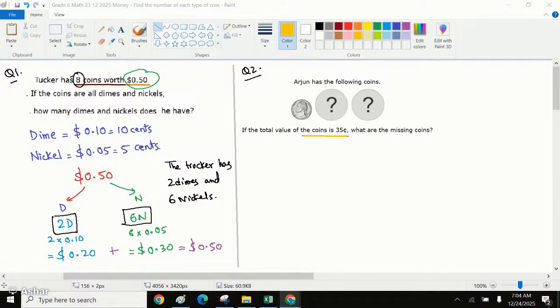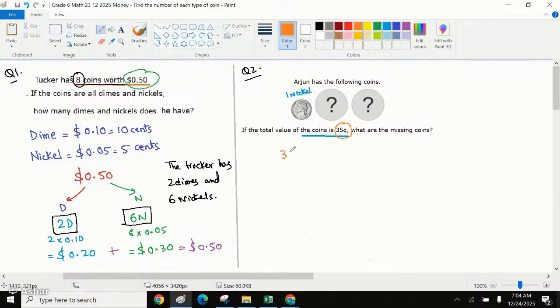So this is a nickel, right? So he has 1 nickel, and 2 unknown coins. So what we need to do is, if we had 35 cents, can we subtract 1 nickel from 35 cents?